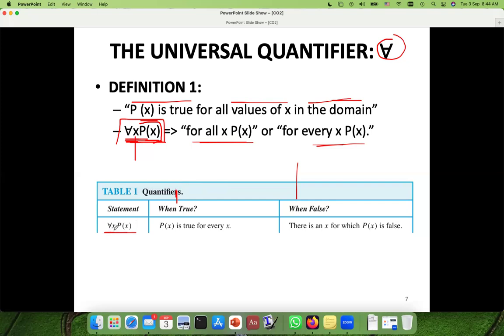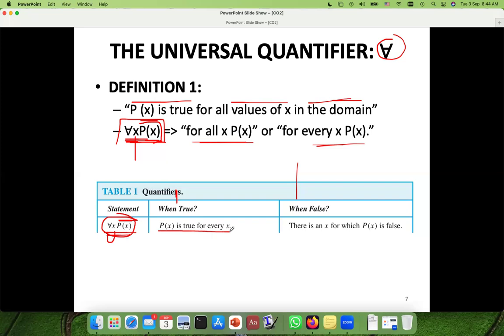So if you have for every X, P of X, the meaning of that is for every X, this P of X is true. If for every X, this P of X is true, then this whole statement will be true. Here it is written, P of X is true for all X.